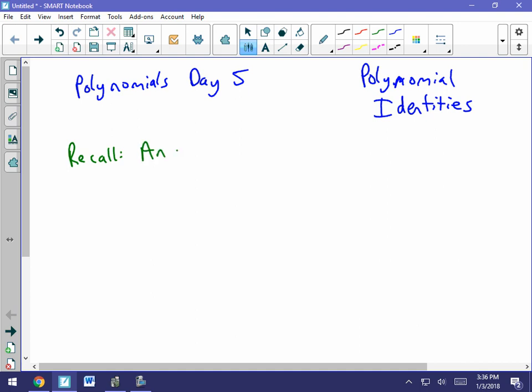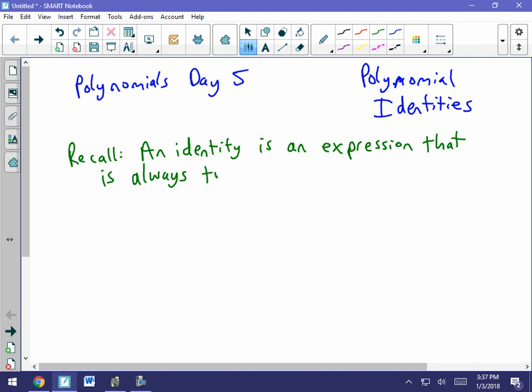You may have talked more about it in algebra as well. So an identity is an expression that is always true, regardless of whatever the value of x is. So an identity is an expression that is always true regardless of x values.